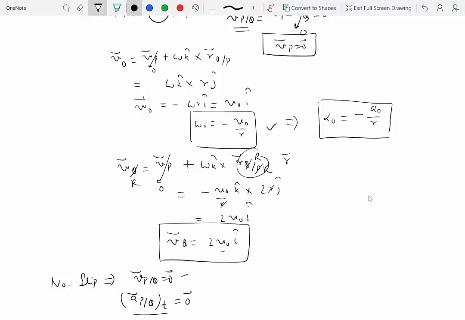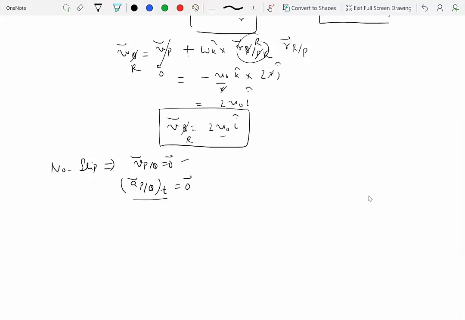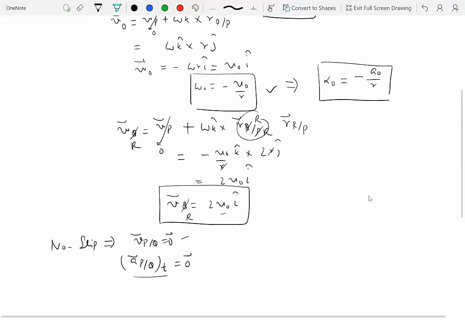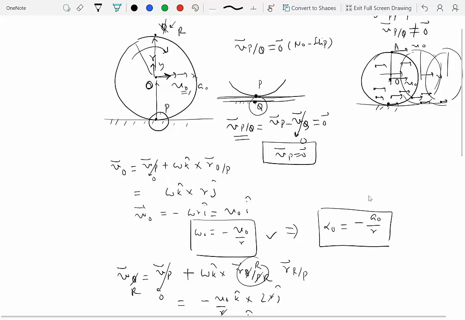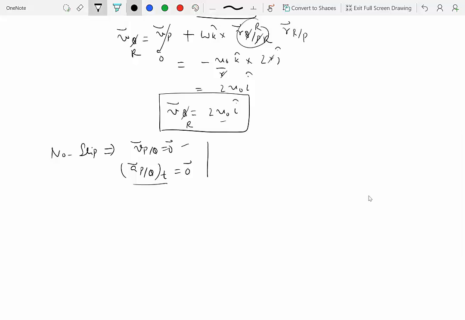So this is R with respect to P, actually. And this is now velocity of Q, which is, of course, 0. This is velocity of the point R, right? So there's a little mistake made over here in terms of the symbol, because I'm using Q for 2 points over here. So I want to reserve the Q for the point on the stationary surface, all right? So this is fine. This is okay.